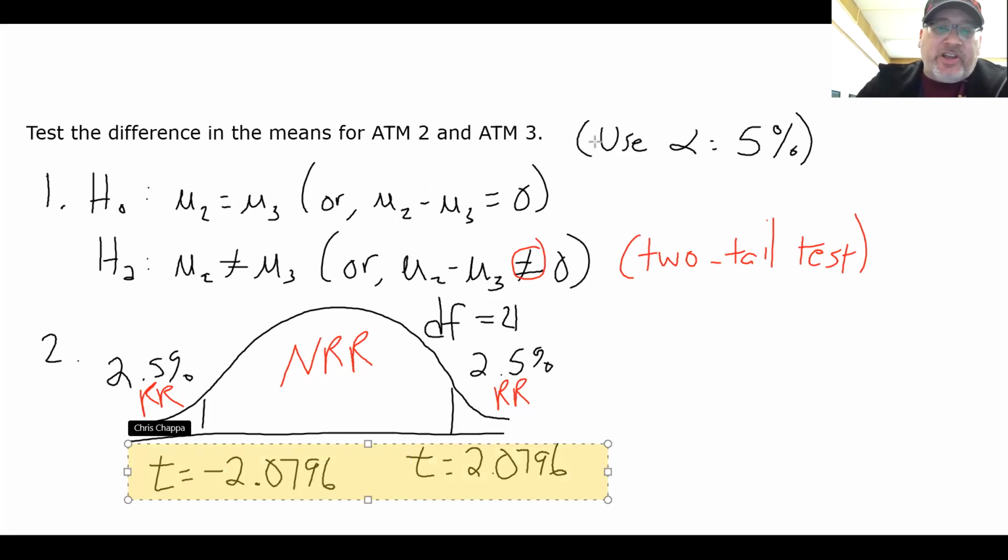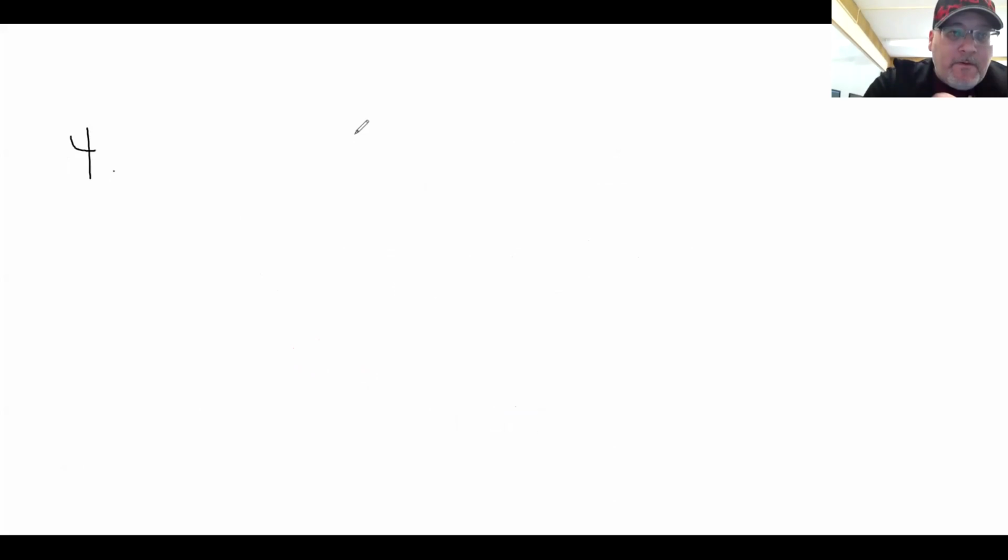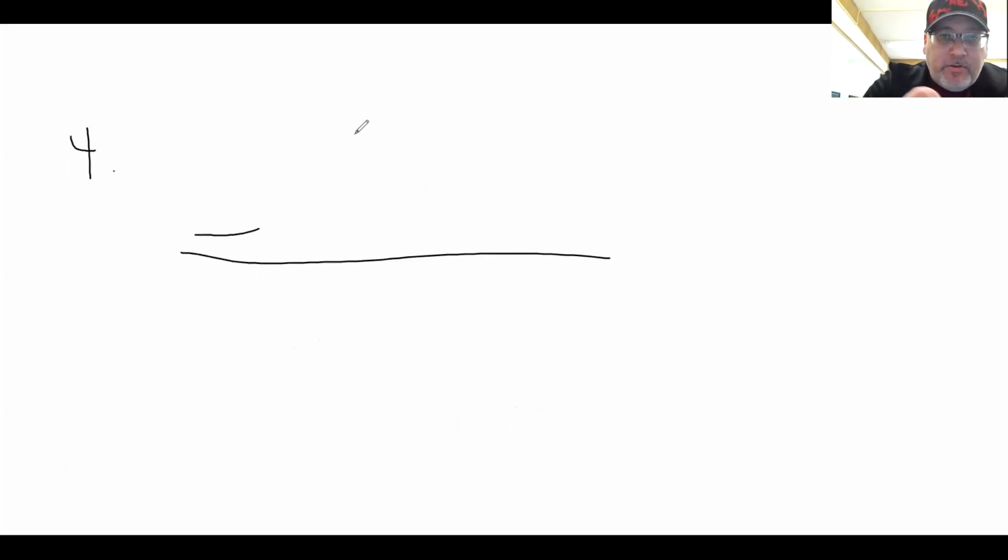I'll draw this on the next page, but our test statistic is going to land to the right of the greater critical value, so it will land in a rejection region. So step 4. Again, just redrawing.